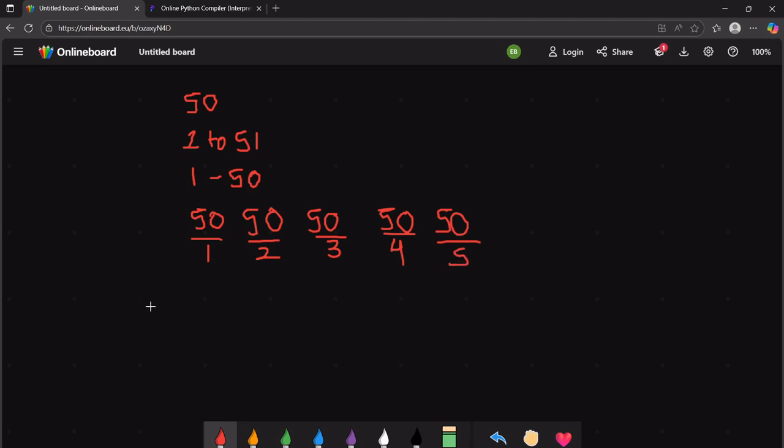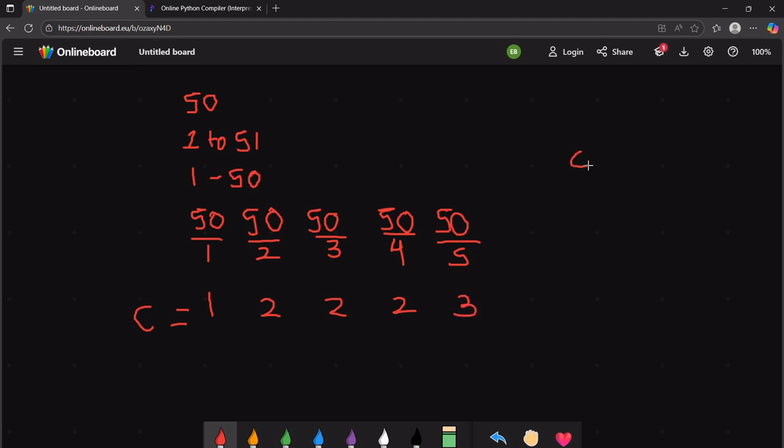As you can see, whenever a number divides 50, we will increment the count. Here 1 divides 50, so count will become 1. Here 2 divides 50, so count will become 2. 50 is not divisible by 3, so count will remain 2. 50 is not divisible by 4, but 50 is divisible by 5, so count will become 3.